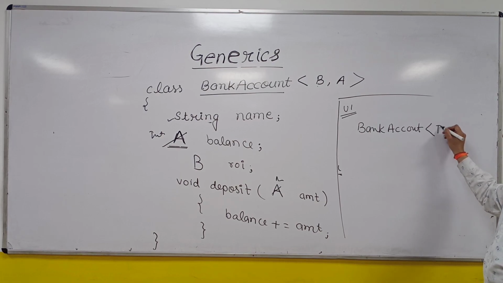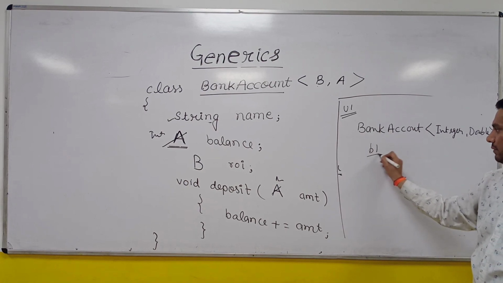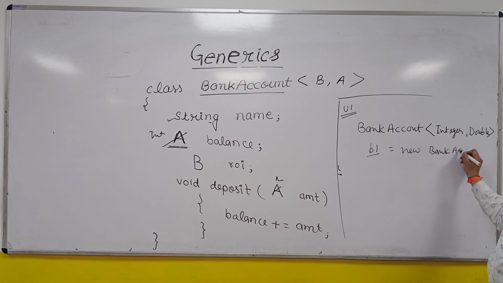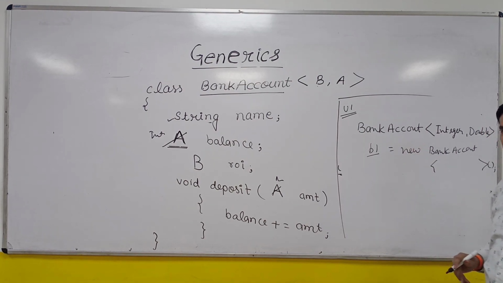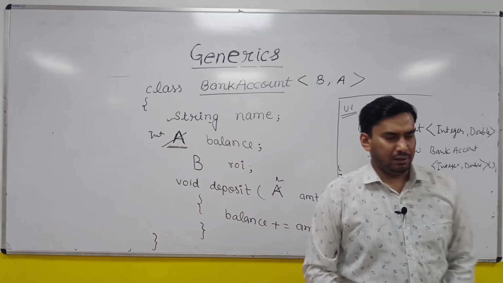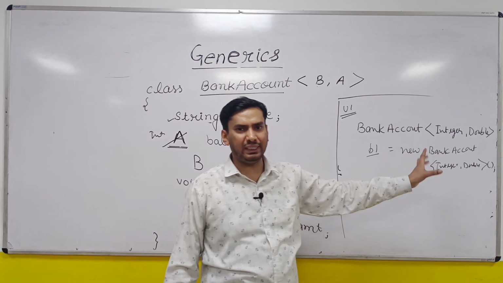Let's say you write integer and double, then reference variable b1 is equal to new bank account, and again here you need to write the type parameter. When generics was introduced in JDK 1.5, you had to write the type parameters in both places. Here again you need to write integer and double. Right? So this was a tedious task. Writing the same thing twice was a tedious task.